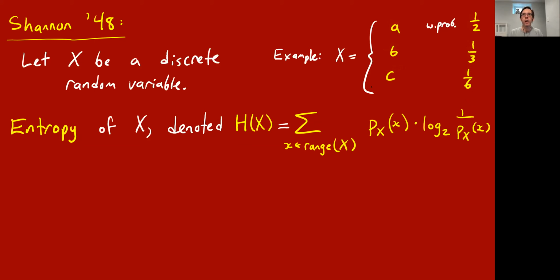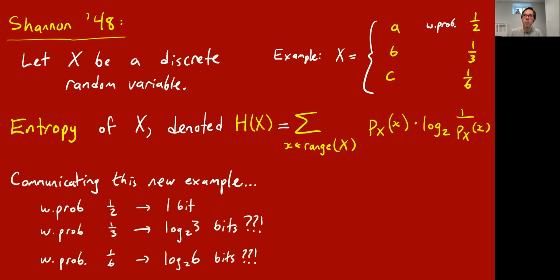And okay, we can imagine applying it to a different discrete random variable X, like this one, where the probabilities are not all negative integer powers of 2. So X is A with probability 1/2, B with probability 1/3, C with probability 1/6. Now, if you imagine trying to write a computer program that generated draws from this distribution X, or you tried to communicate a draw from this distribution to your friend by sending as few bits as possible, things start out well with this probability of 1/2.